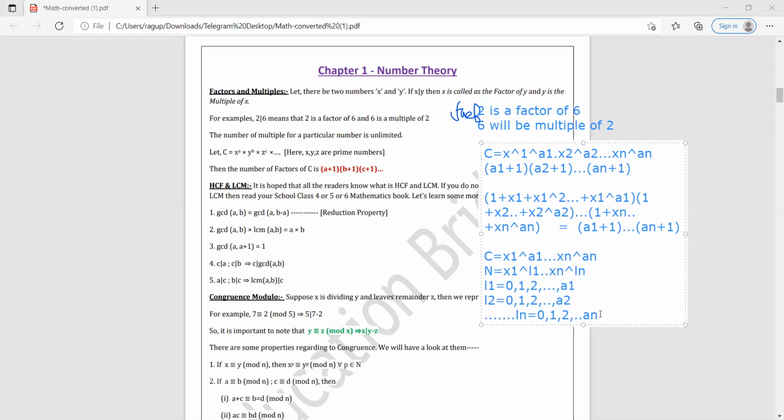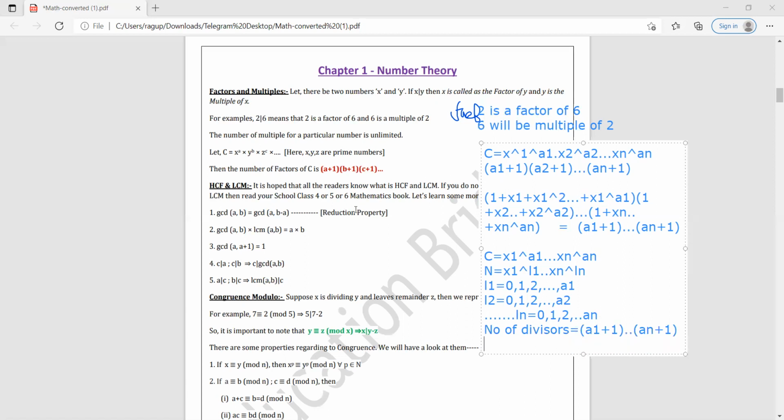So the number of divisors would be equal to (a1 plus 1) dot dot dot (an plus 1). Thus, we have proved it.